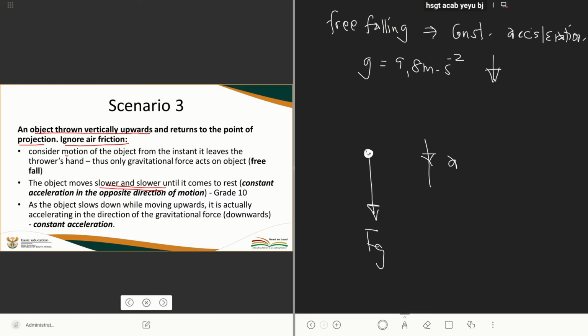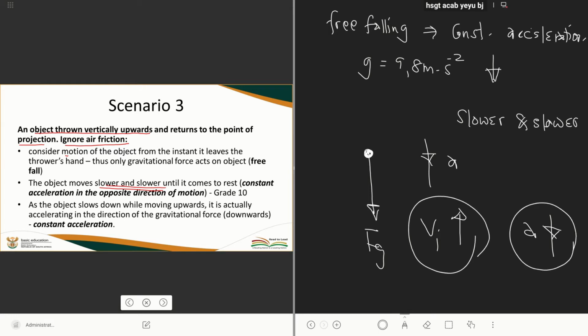But as it moves upwards, it's moving slower and slower, as per that table of summary that we looked at earlier on. So if it's moving slower and slower, it simply means that the initial velocity, which is upwards, and the acceleration, which is downwards, are in opposite directions. Very, very important.